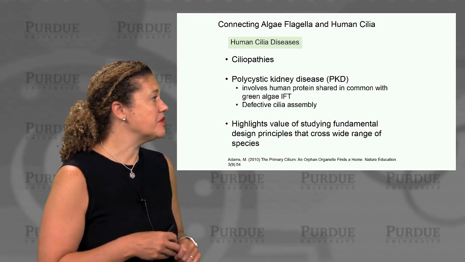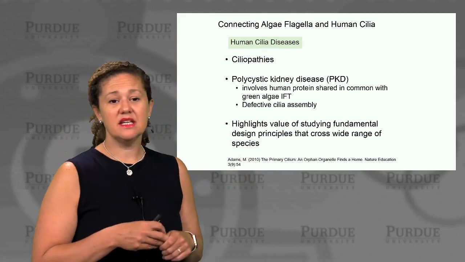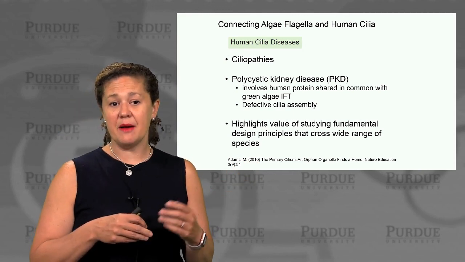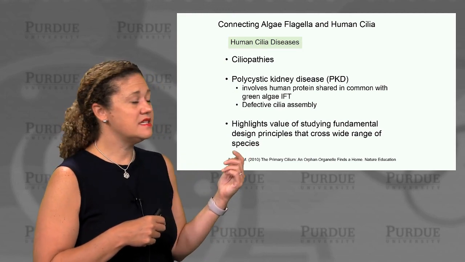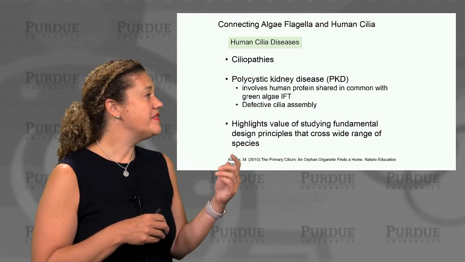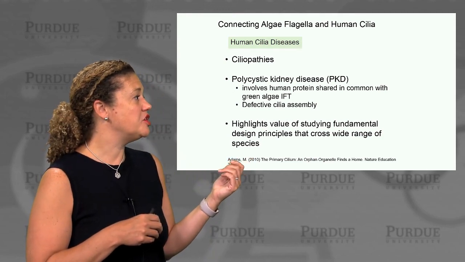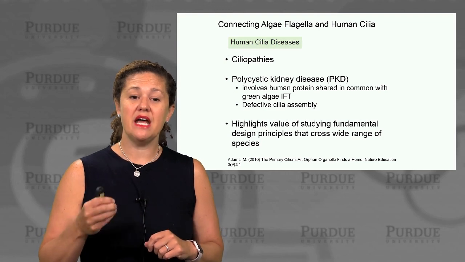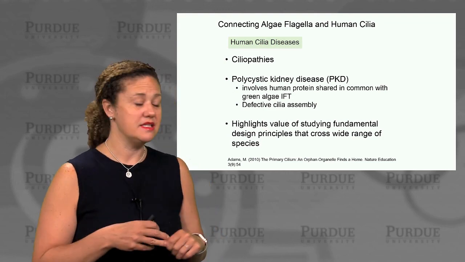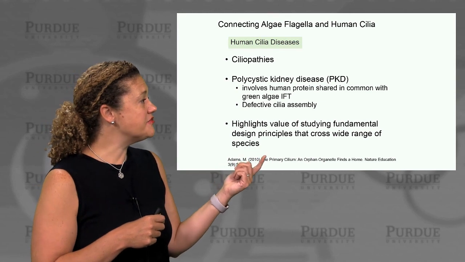So there are a number of human cilia diseases called ciliopathies. One example is polycystic kidney disease, or PKD. And this disease involves a human protein that's actually shared in common with the green algae IFT proteins. And it's defective.